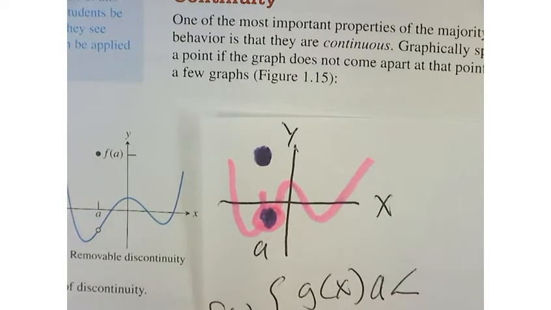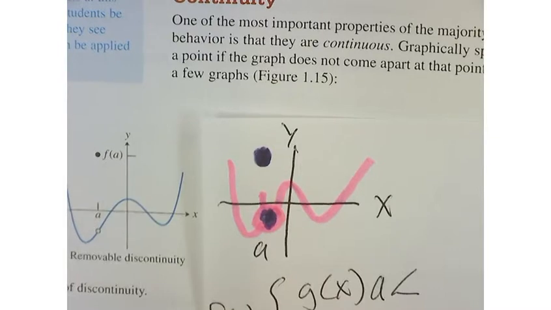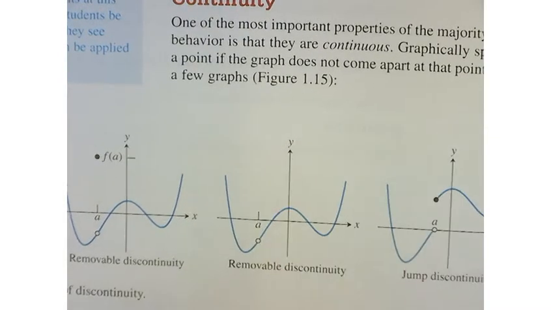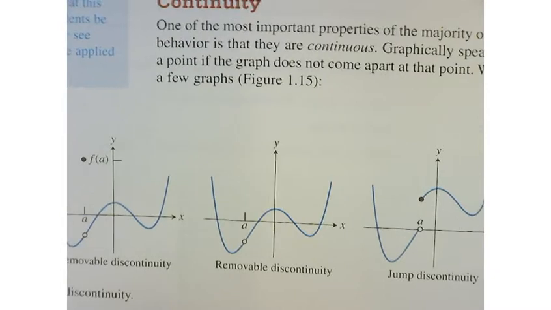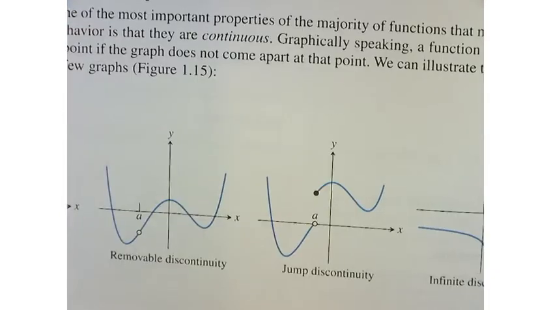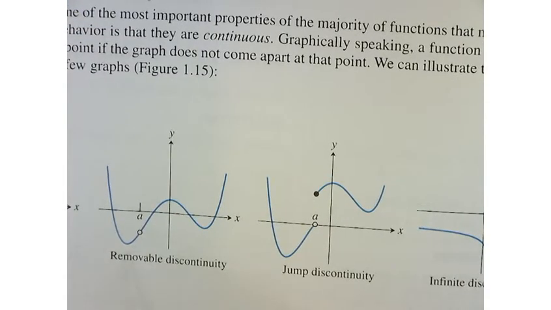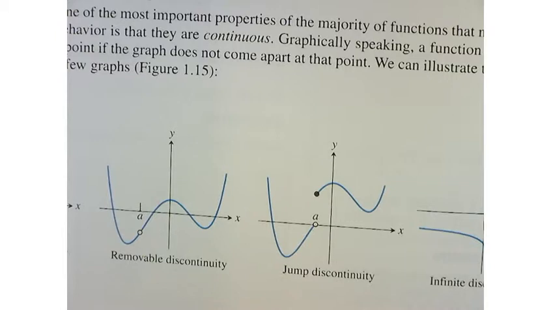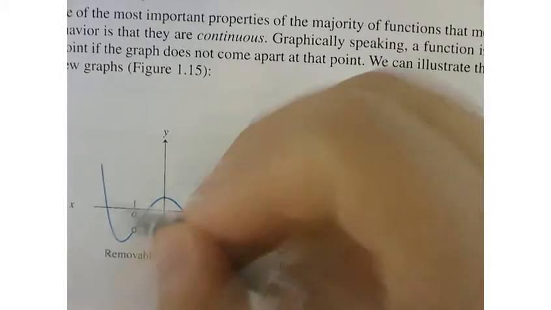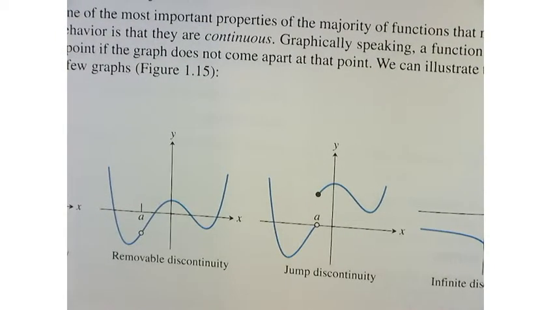Okay, does that make sense? So this one's called a removable discontinuity. All right, here's another type of removable discontinuity. However, in this discontinuity, we didn't plug the hole at all. So clearly that's discontinuous. Right at A, when x equals A, there is no value for y.